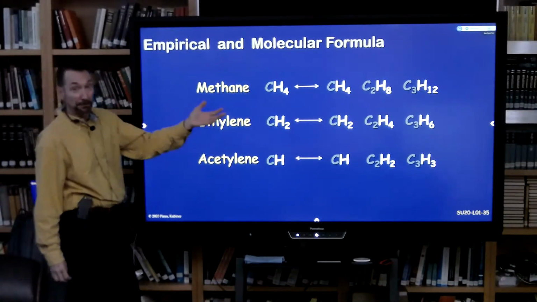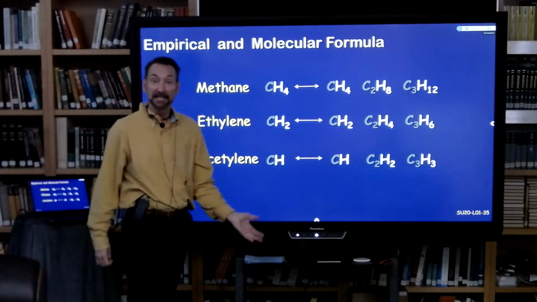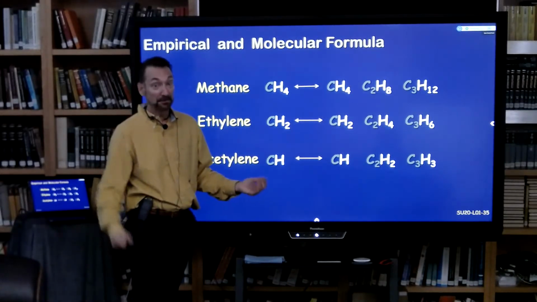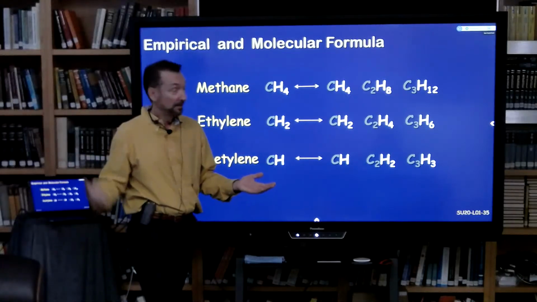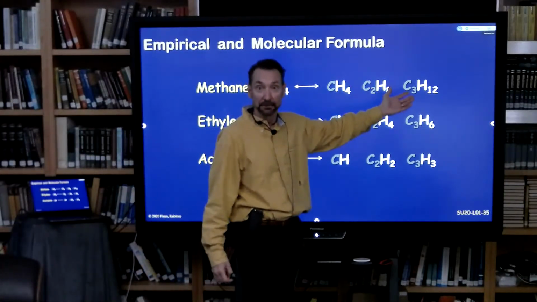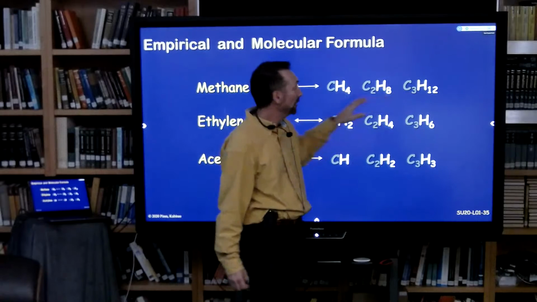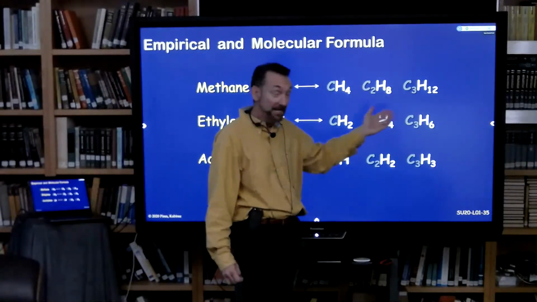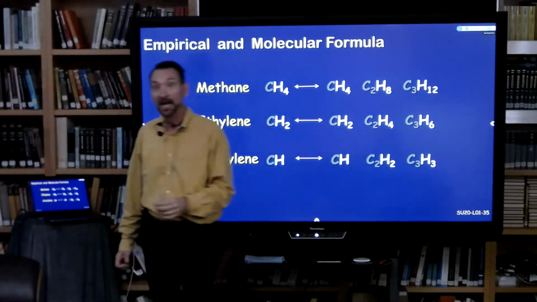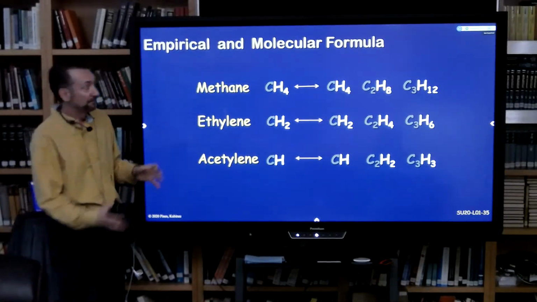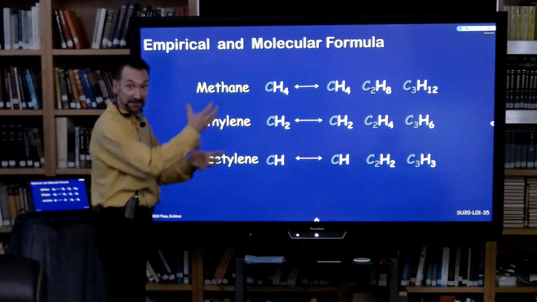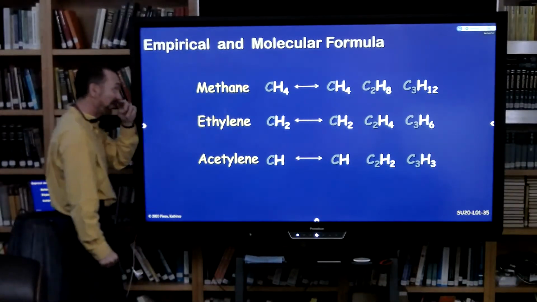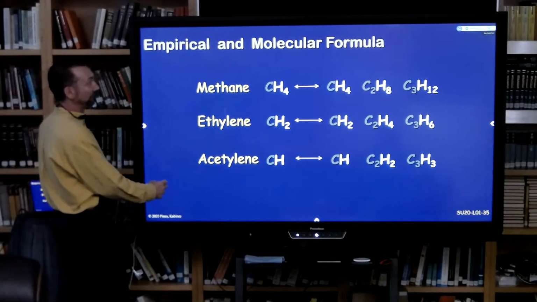And it's called empirical because empirical means what you would get if you did an experiment. It's the experimental result. And in the experimental result, like we just did, all you could get was the ratio. You got the empirical ratio of the two. There isn't a way to determine with just that data what you had. You could very carefully measure masses to start and finish and figure out what you had, but just that ratio gives you just the empirical formula.